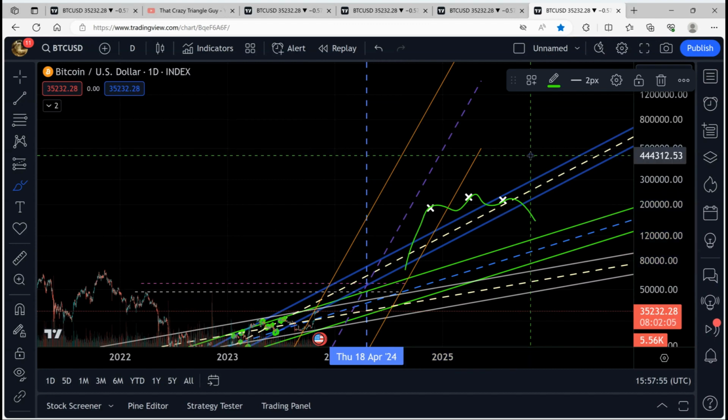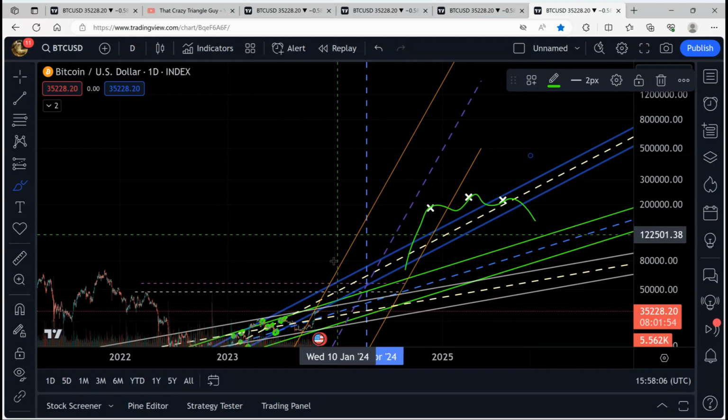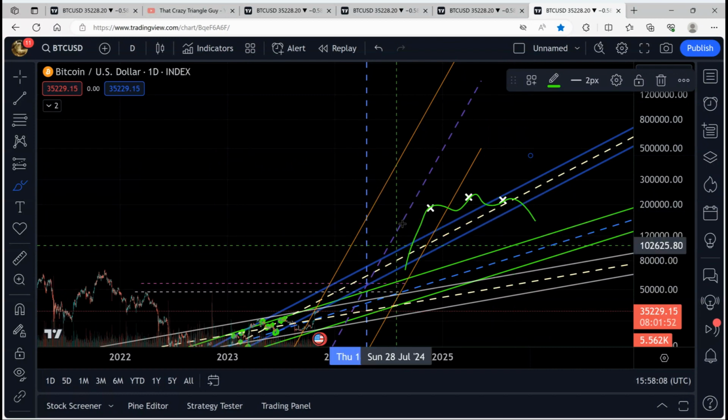That's pretty nice. Something like that. Maybe we get a triple top this time around. What do you think? Could be. Could be. Anyway, it's all fun and games, but this is all entire speculation up here. We don't know what's going to happen.